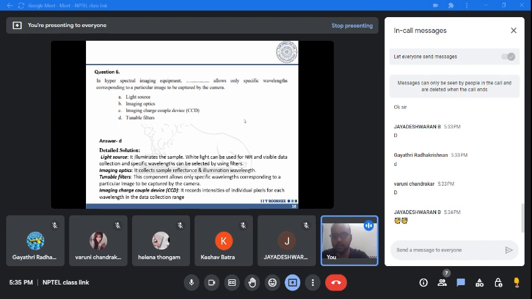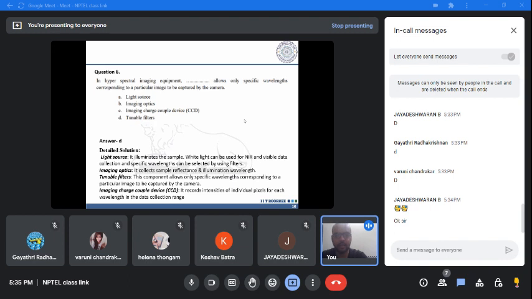The light source here illuminates the sample. White light can be used for NIR and visible data collection. Specific wavelength can be selected by using filters here if given. Imaging optics collect sample reflectance and illumination wavelength. Tunable filters are the component that allows only specific wavelength corresponding to a particular image to be captured by the camera.